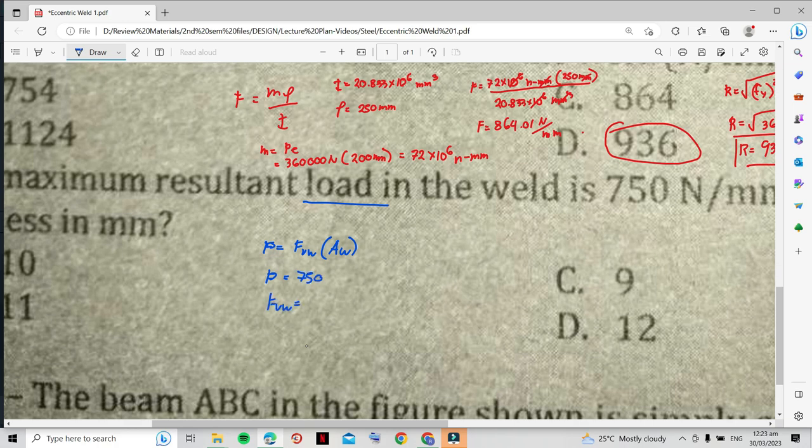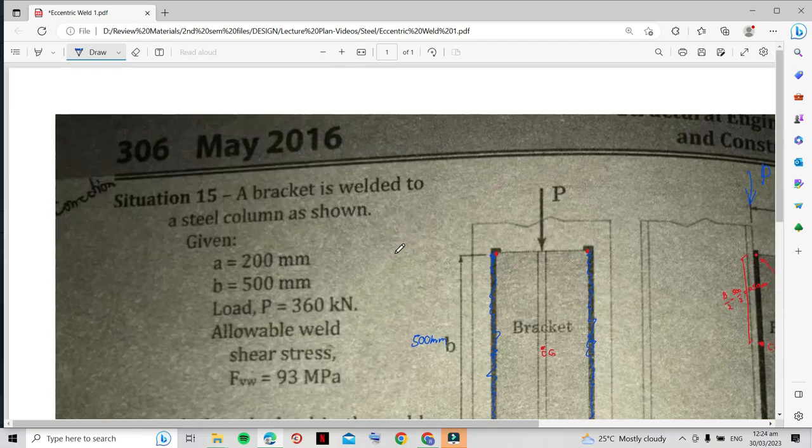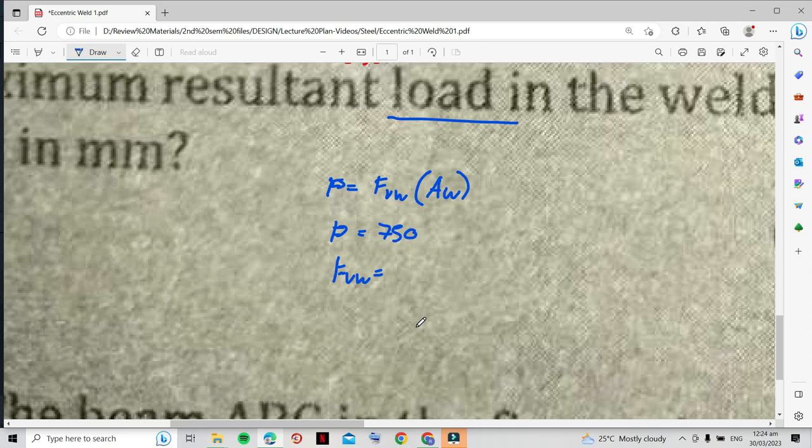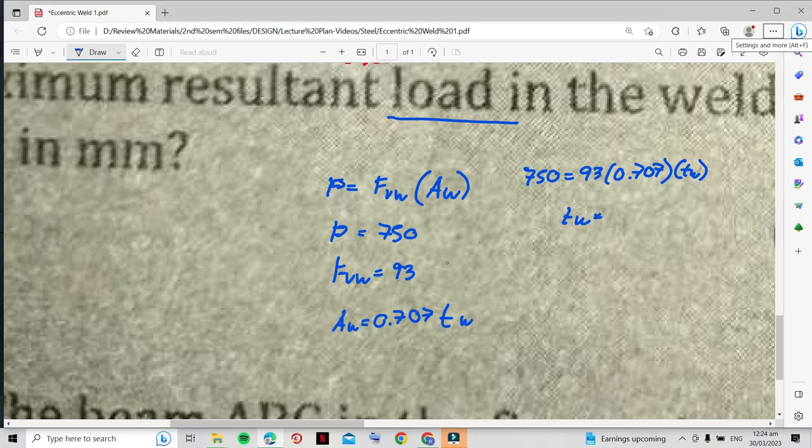The weld shear stress is equal to 93, which is given here. The area of the weld is 0.707 times the thickness, which is a design code provision. Substituting, 750 is equal to 93 times 0.707 times the thickness of the weld. So the thickness of the weld is equal to 11.406.